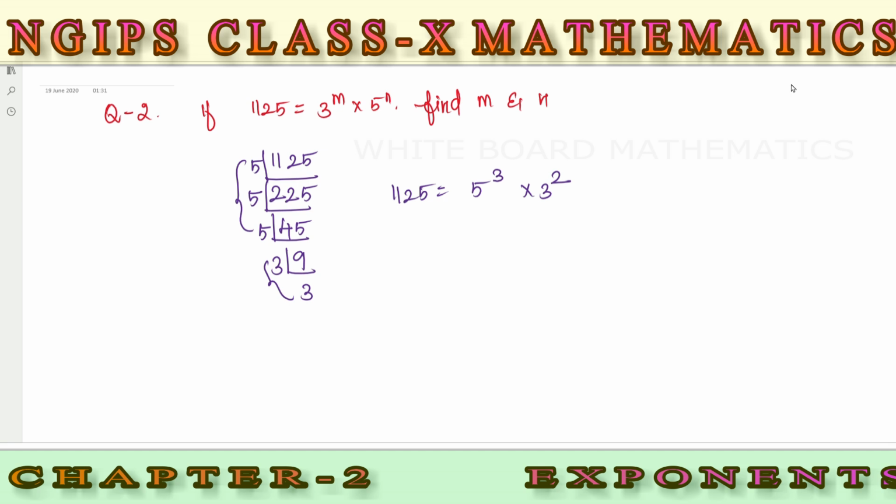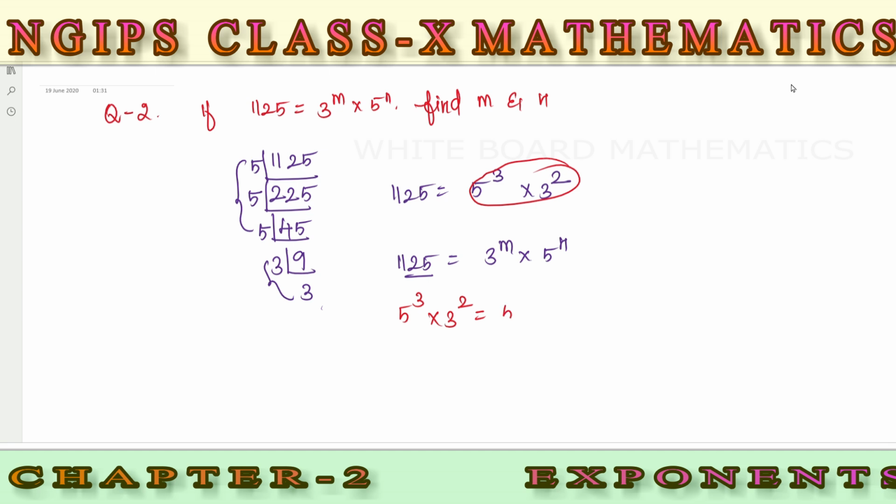Now here we have the problem 1125 is equal to 3 to the power m into 5 to the power n. So in this case, instead of this I am going to replace with these values. So when you replace here, I am going to get 5 to the power 3 into 3 to the power 2. Even though it is multiplication, a into b and b into a are both equal.